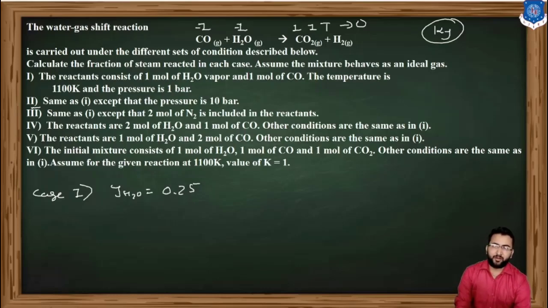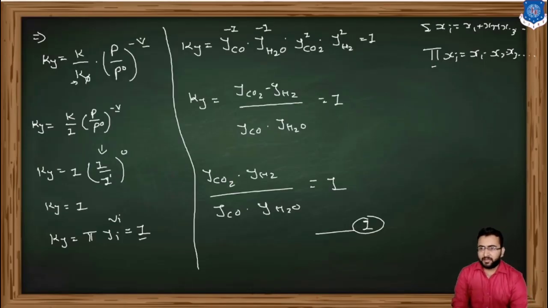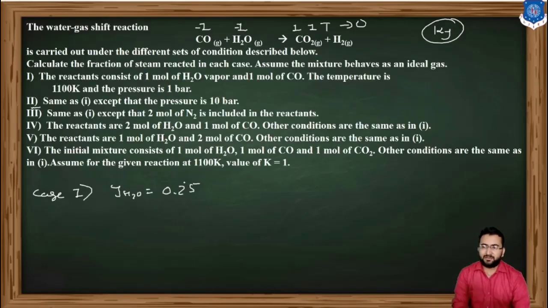If we sum all of these, we get 0. So if I write 10 or 100, it does not matter, because 10 raised to 0 becomes 1, and 100 raised to 0 also becomes 1. So there will be no effect of pressure on this reaction.